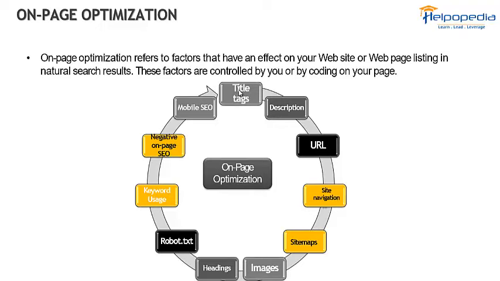I might have banners placed on other websites, or do some paid advertisement. It's not necessary that off page optimization is everything free. I can do paid advertisement also, and I can do paid advertisement on Google search as well. So that is all off page optimization.